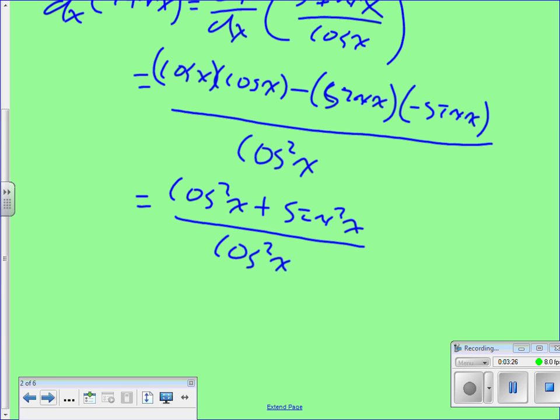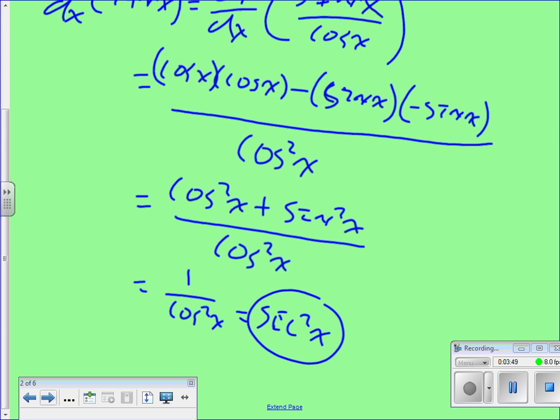One of the few identities you will have to remember is the Pythagorean identity. So that's 1 over the cosine squared x. And 1 over the cosine is the secant. So this is equal to the secant squared x. So the derivative of the tangent is the secant squared.